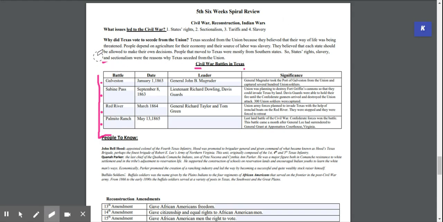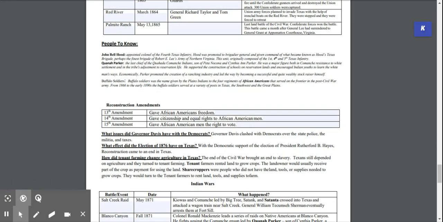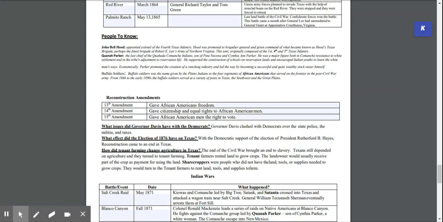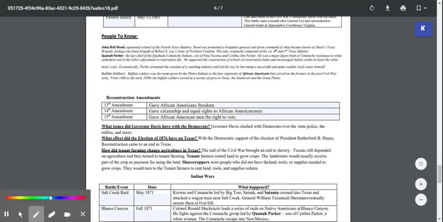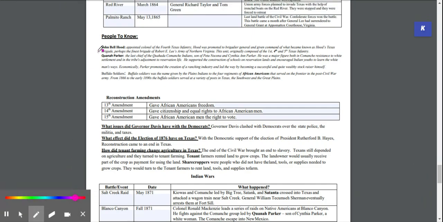Important people that we need to know to complete this assignment for today are, let me just erase here completely. Some important people that we need to know. John Bell Hood was the first one.